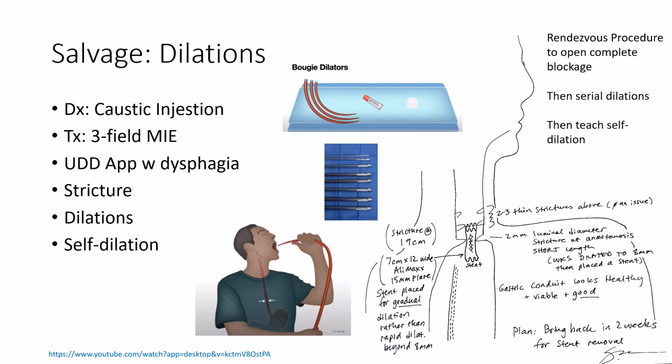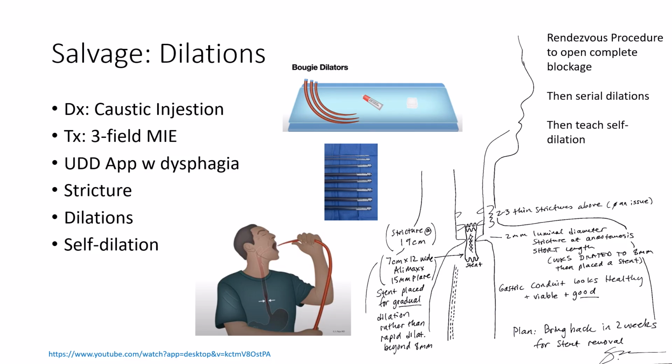Self-dilation videos are available on YouTube, but involve bougie dilators that are heavily lubricated and the patient is taught to swallow. Serial balloon-tipped dilation is performed until the patient has an internal diameter of at least 12 millimeters. Once the patient has an adequate diameter, a straight esophagus, a straight distal conduit, and is deemed to be appropriate for self-dilation, self-dilation can be taught.